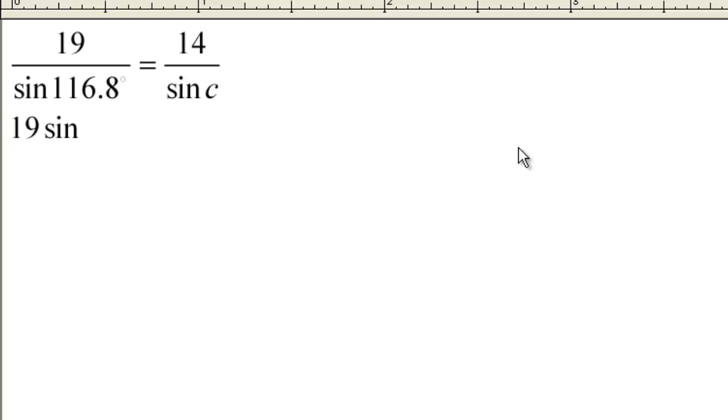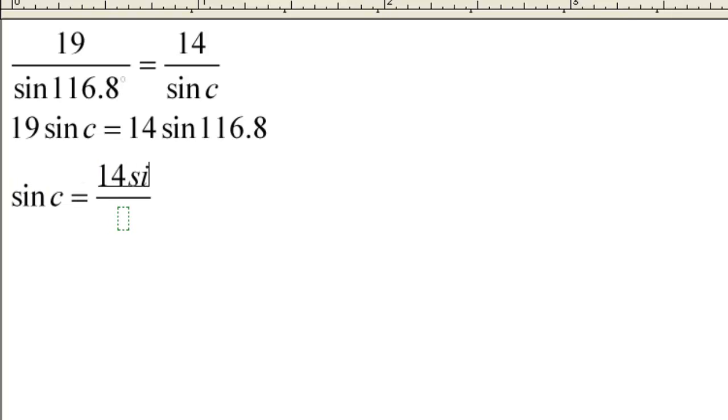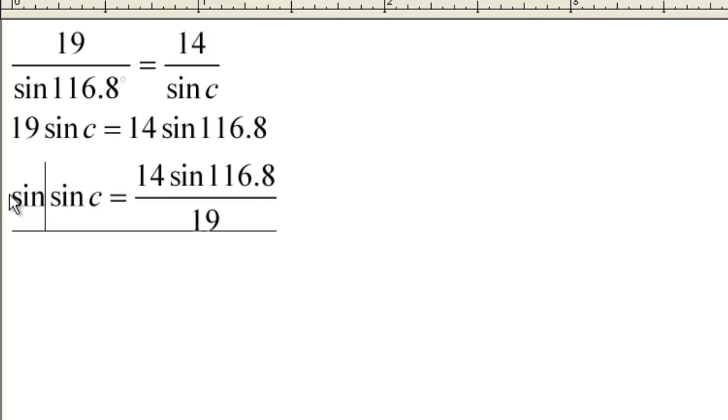This means that 19 sine C equals 14 sine of 116.8. I'm going to leave out the degree symbol just for now for the sake of time. Sine of C is going to equal 14 sine of 116.8 all over 19.